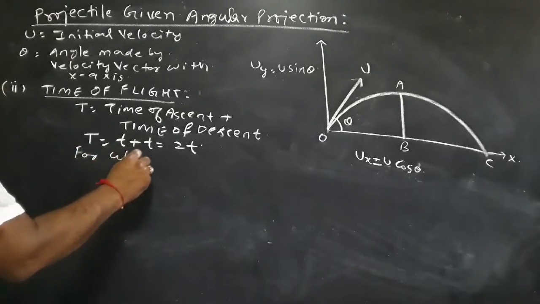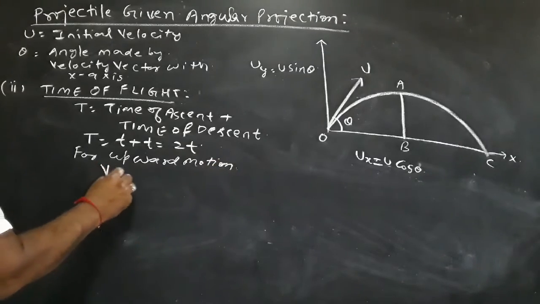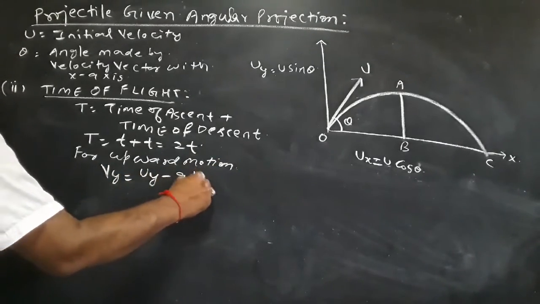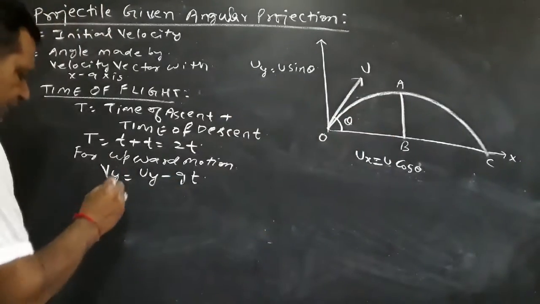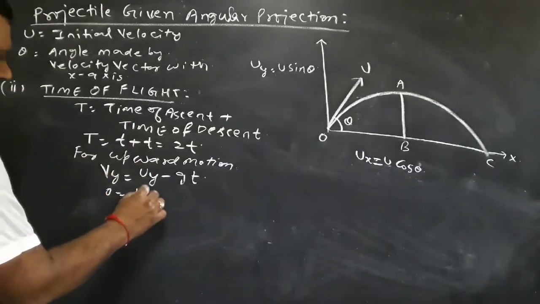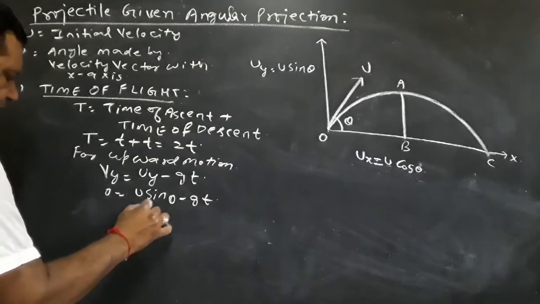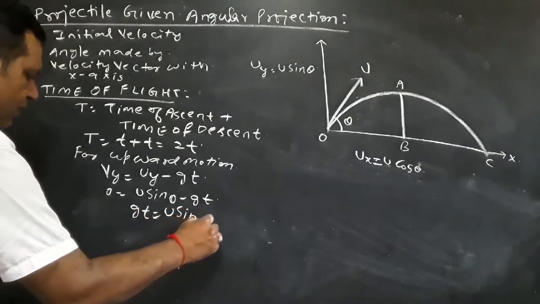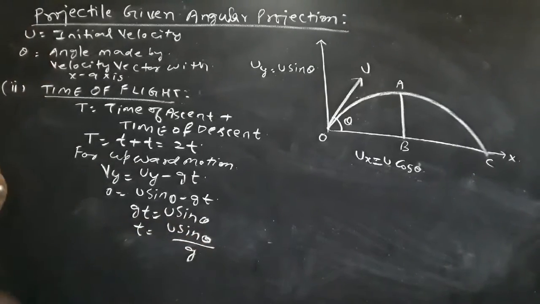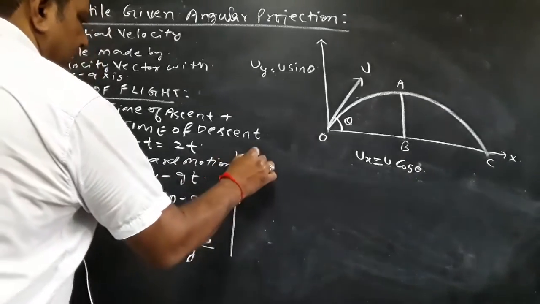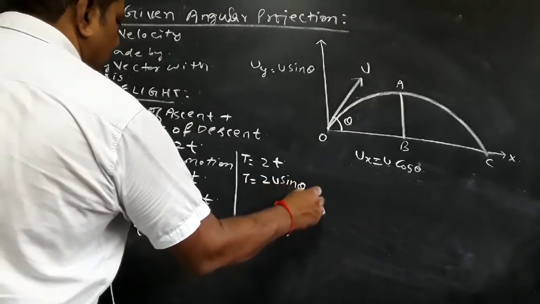Now for the upward motion, by first equation of motion, Vy is equal to uy minus gt. At the highest point, vertical velocity is 0. So Vy will be 0, 0 is equal to u sin theta minus gt, or we can write gt is equal to u sin theta, or t is equal to u sin theta upon g. So total time of flight T is equal to 2t, so we can write T is equal to 2u sin theta by g.